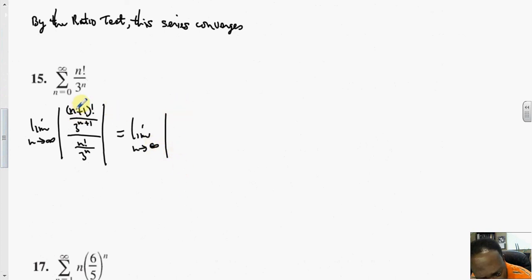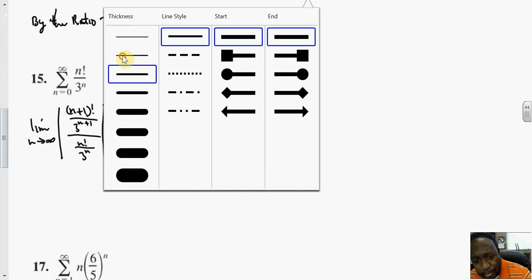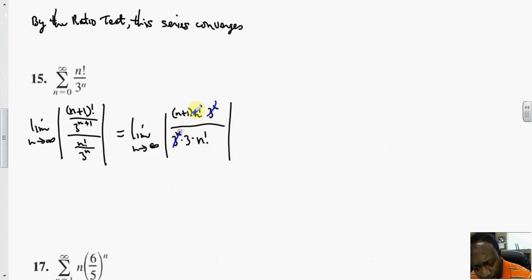The numerator here is n plus 1 times n factorial, and this is times 3 to the n downstairs. It comes up here, times 3 to the n. And this is all over 3 to the n times 3. This is 3 to the n plus 1. And then that's times the n factorial. Now the n factorials cancel, and the 3 to the n's cancel.